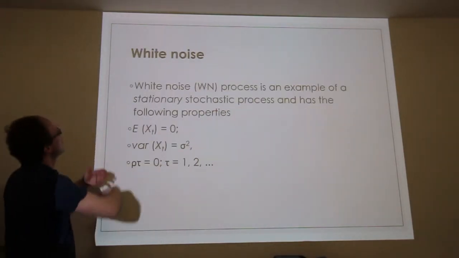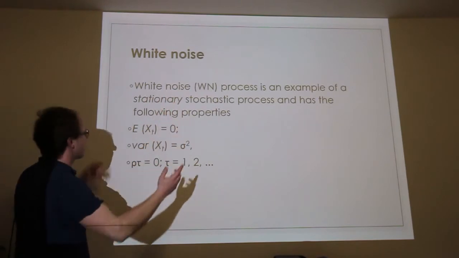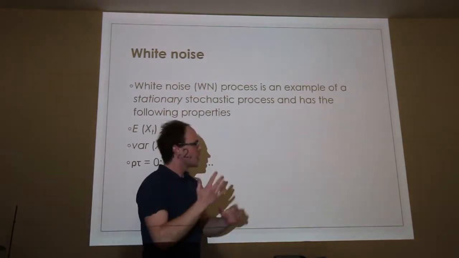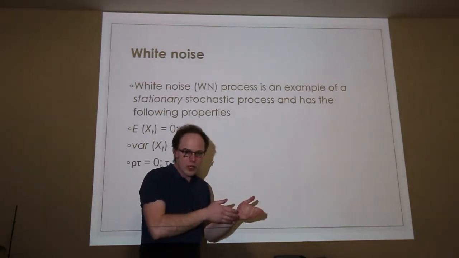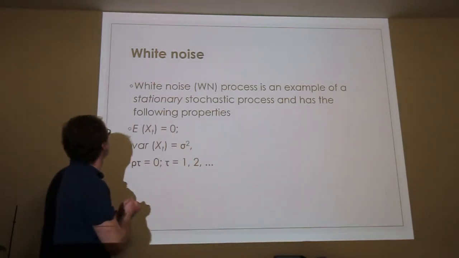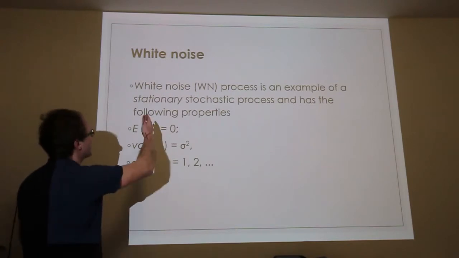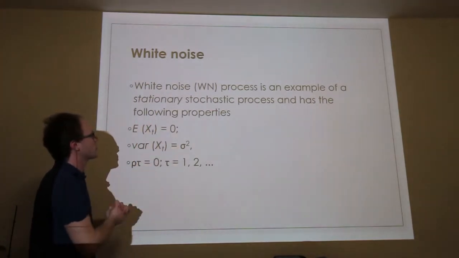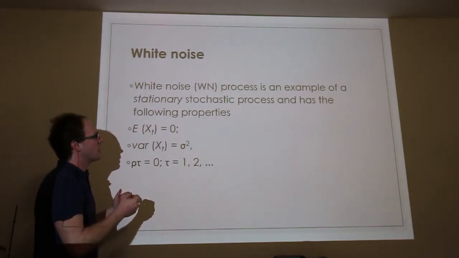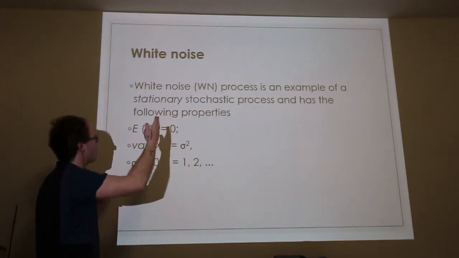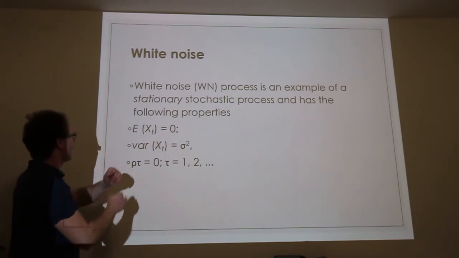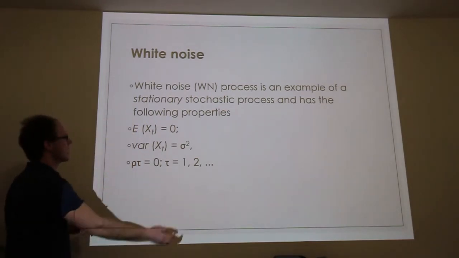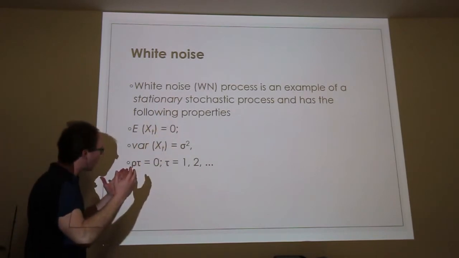So we can move here, and we'll speak about the white noise, or we can say white noise process. What is it, white noise? White noise is an example of a stationary stochastic process and has the following properties. Expected value of this white noise process is equal to 0.